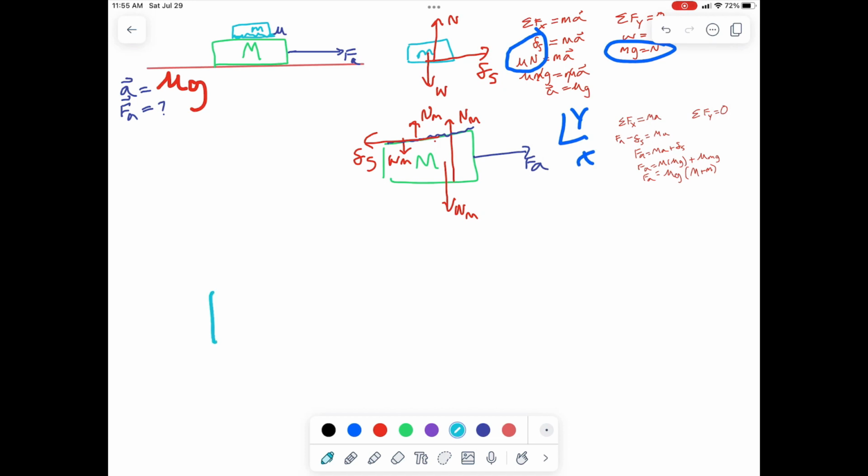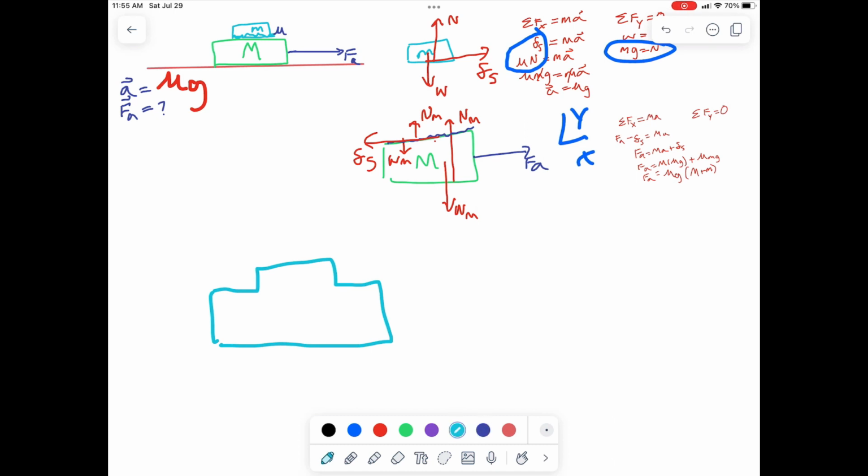So let's imagine if this was just all one shape that was kind of fused together. Because, like I said earlier, relative to the lower block, the little m block isn't moving. So because this little m is kind of locked in place on top of my capital M block, we could think of this as just being all one object like I've drawn here.